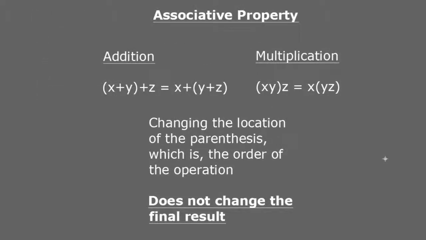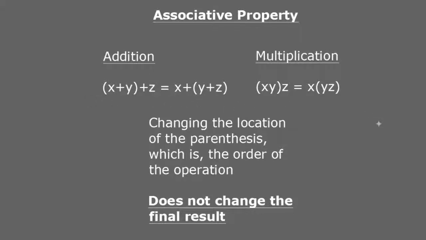Now to recap, the associative property states that if you're adding or multiplying 3 consecutive numbers, changing the location of the parentheses, which is the same thing as changing the order of the operation, will not affect your final result. For example, in addition, you can choose to add first x plus y and later c, or add first y plus c and later add the x, and you will get the same result.